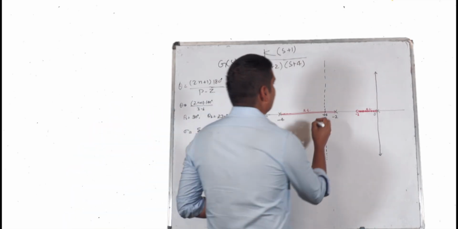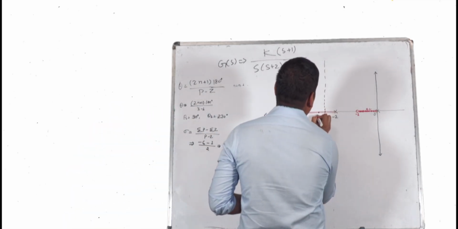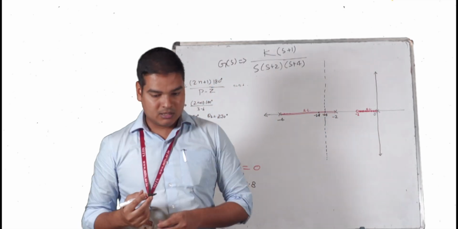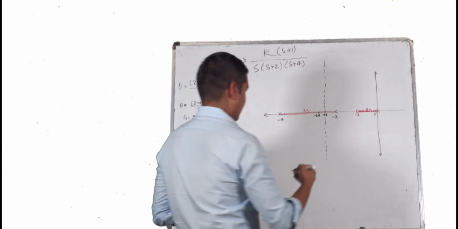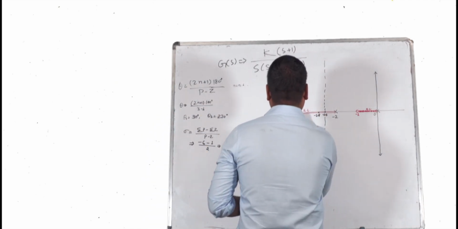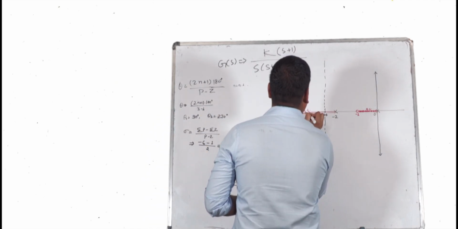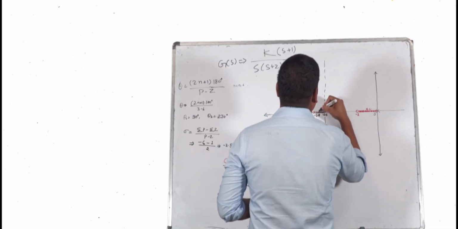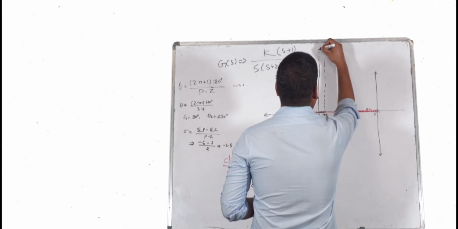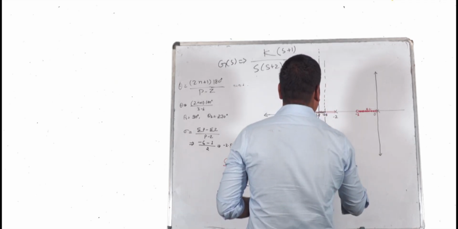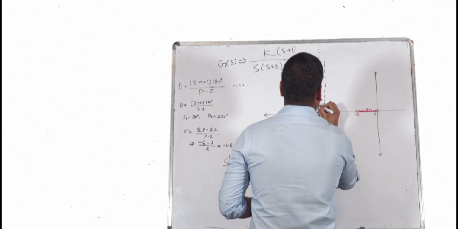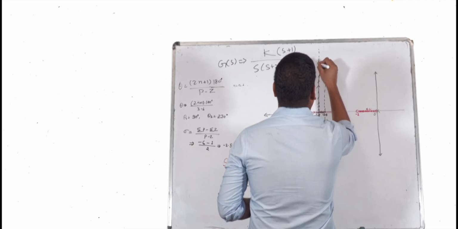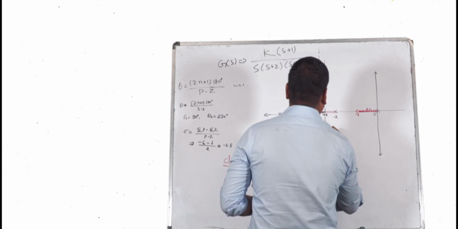So if the centroid is at 2.5, then somewhere here we will have our breakaway point, at minus 2.8, and from this breakaway point the roots will move towards infinity. Their movement will be like this. Another pole will move like this.